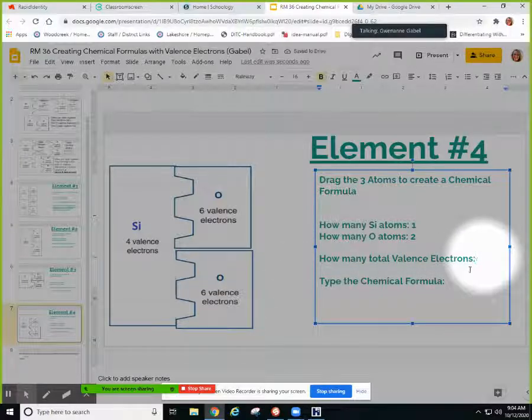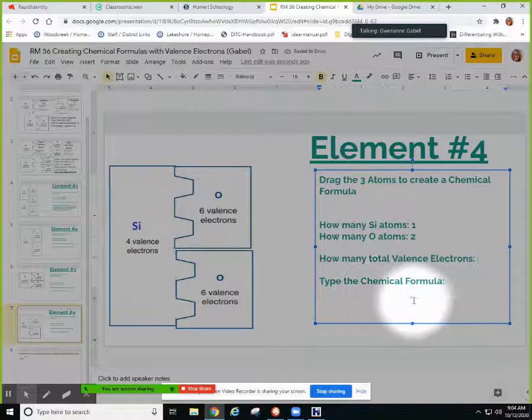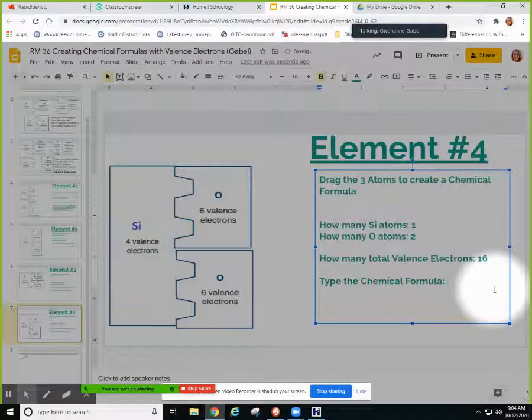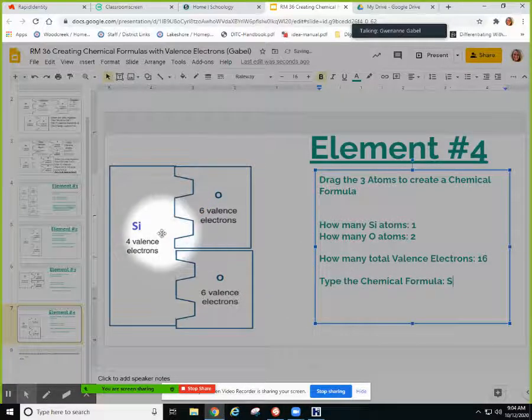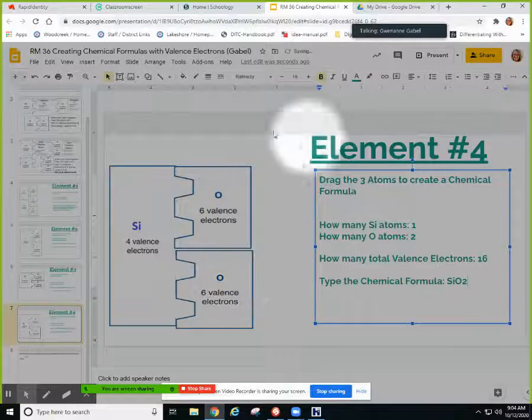Okay, and the total number of valence electrons is 16. 6 plus 6 plus 4. And the chemical formula is capital S, lowercase i, capital O. We have 2 O's. Okay?